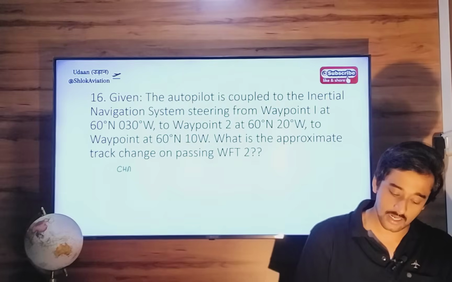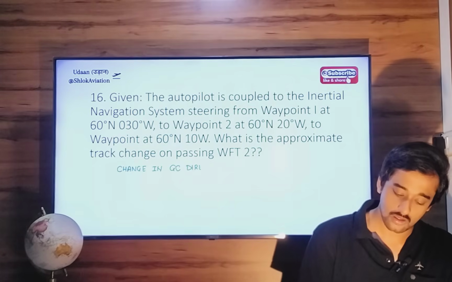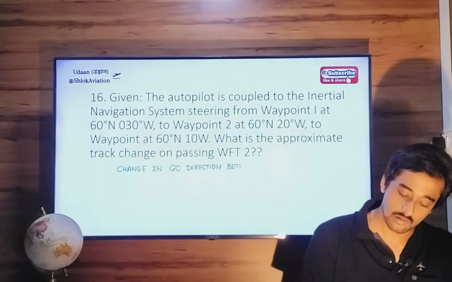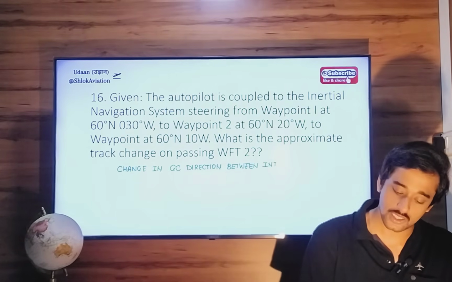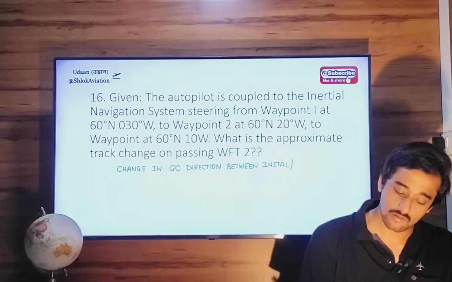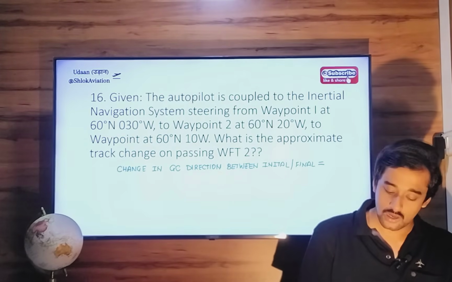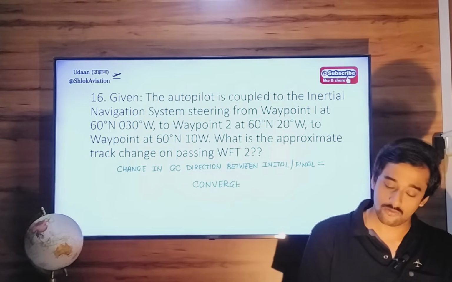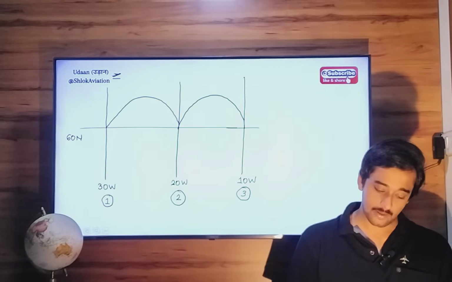The change in great circle direction between the initial and final points is equal to convergency. So let's find convergency here.